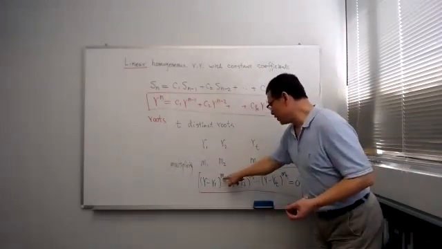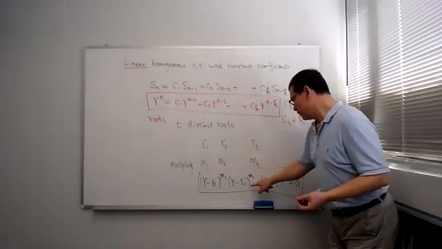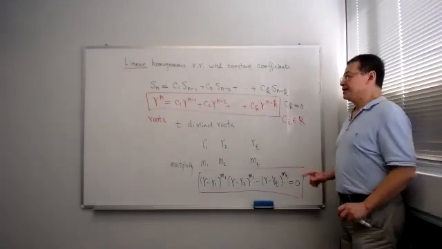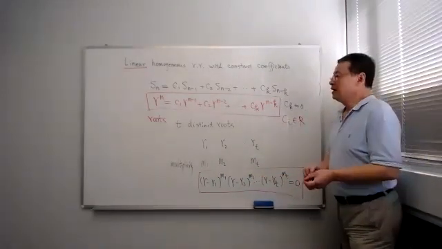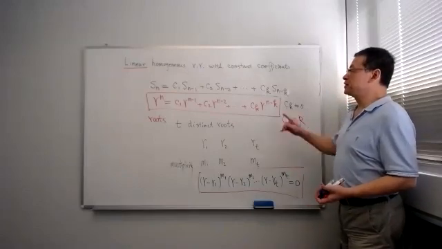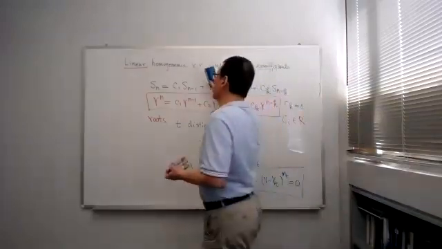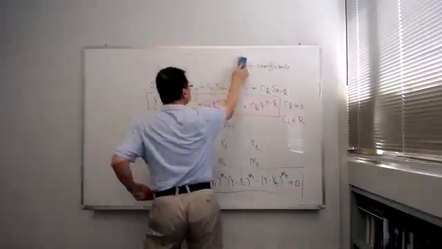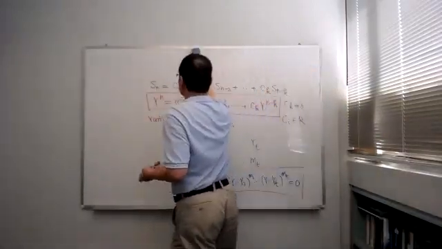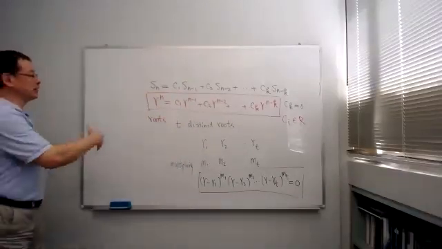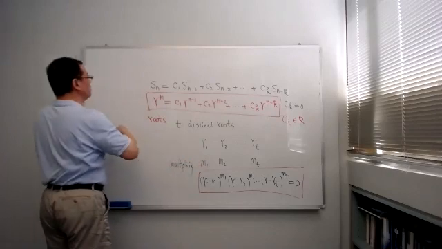So root R1 has multiplicity M1, root R2 has multiplicity M2, and so on. Suppose that's the case, then the solution of this recurrence is of the following form. It's very tedious when I give you the formula.